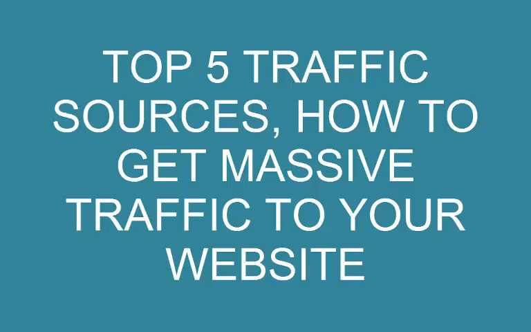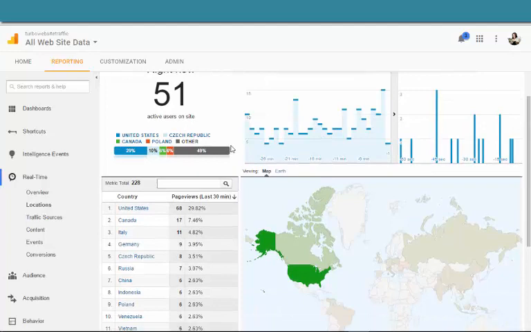Okay guys, welcome to my video how to get traffic. I will show you the top 5 traffic sources that you can use to get traffic to your landing page, to your affiliate links, to your CPA offers, and to everything.